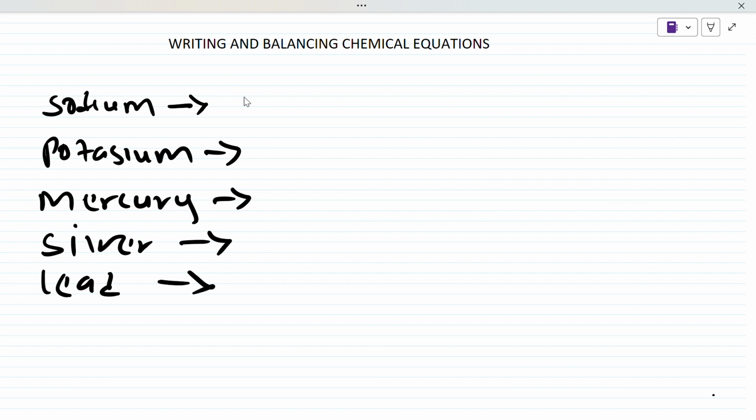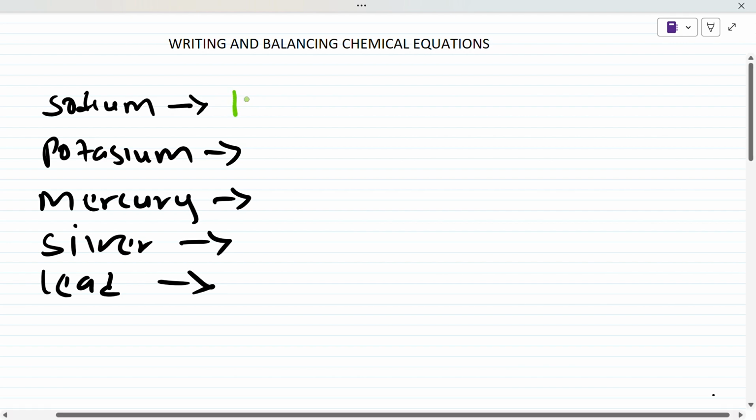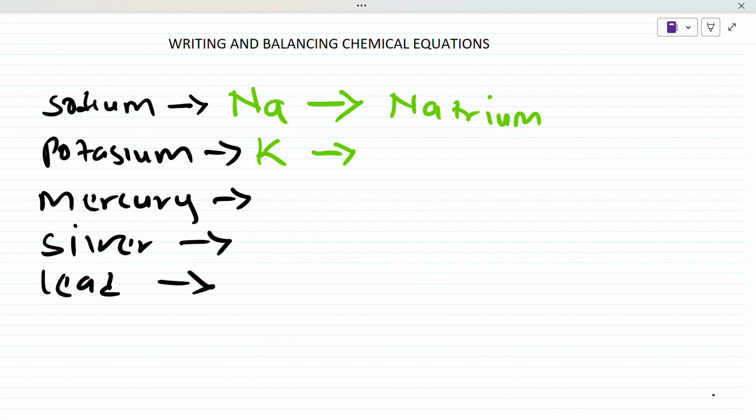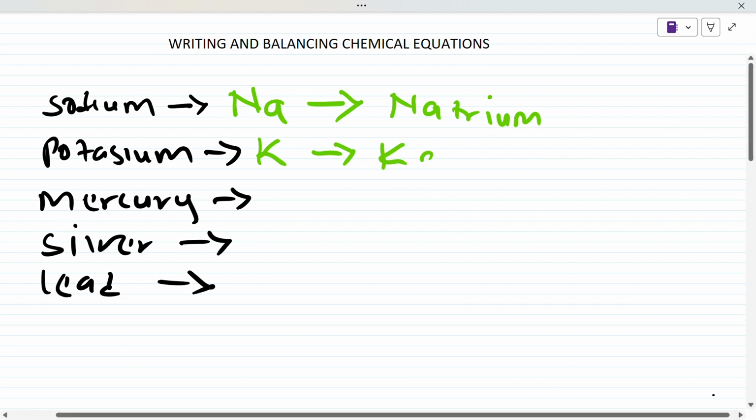Sodium has a symbol Na, and this Na was derived from the Latin name of sodium, which is natrium. Potassium has a symbol capital K, and its symbol was derived from the Latin name of potassium, which is kalium.